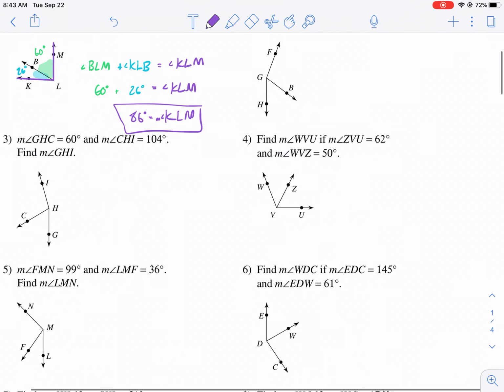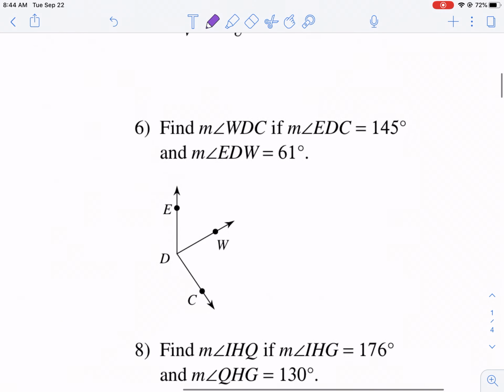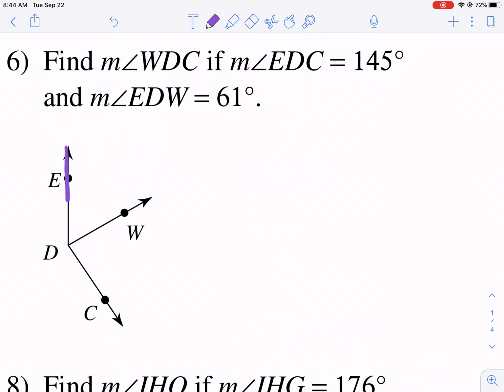We're also going to have different relationships where there might be subtraction. Let's take number 6, for example. Here we have the big angle, and our big angle is 145. This time we're given the big angle.